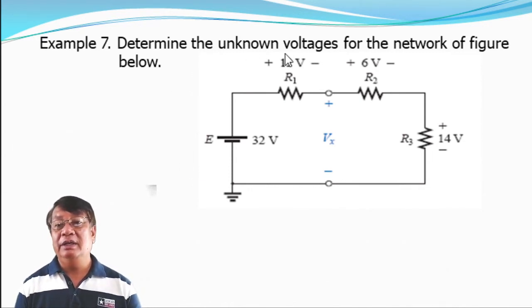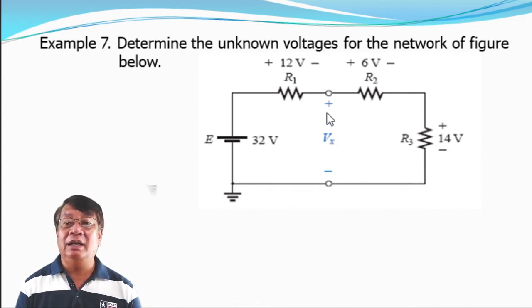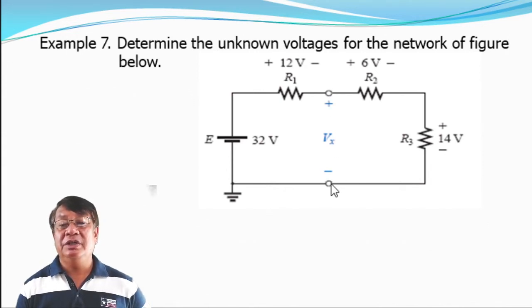Determine the unknown voltage for the network of the figure below. As you can see here, we have a terminal between these 2 points. This is what will be the unknown voltage, between these 2 terminals, the positive terminal and the negative terminal.